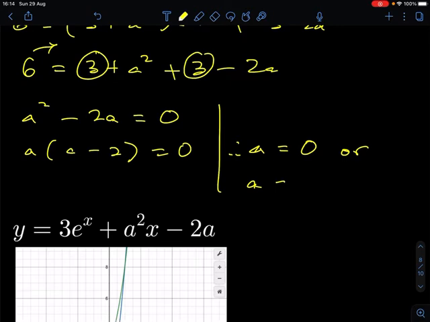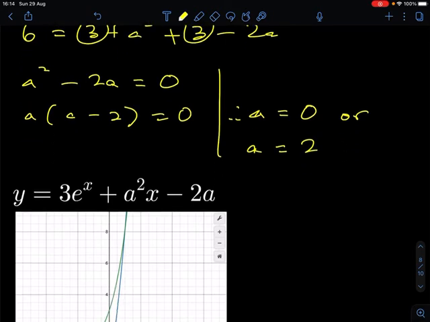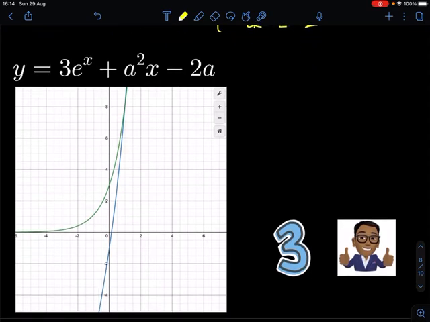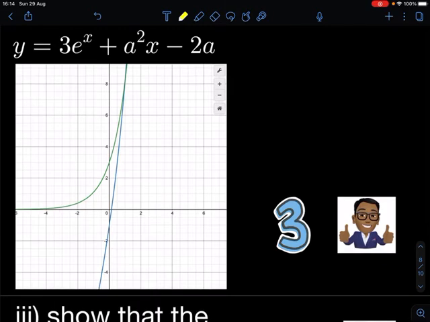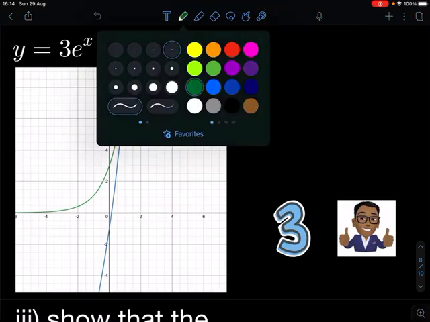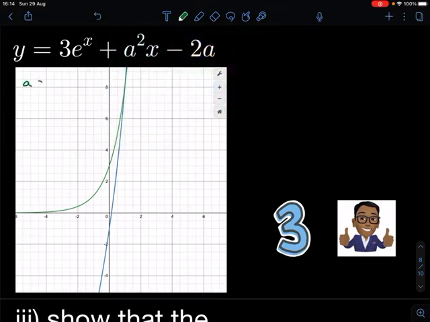I've drawn the curve of 3e to the power of x plus a squared x minus 2a using a graphical calculator. For the green one, when a equals 0, point P is (0, 3 minus 2a).